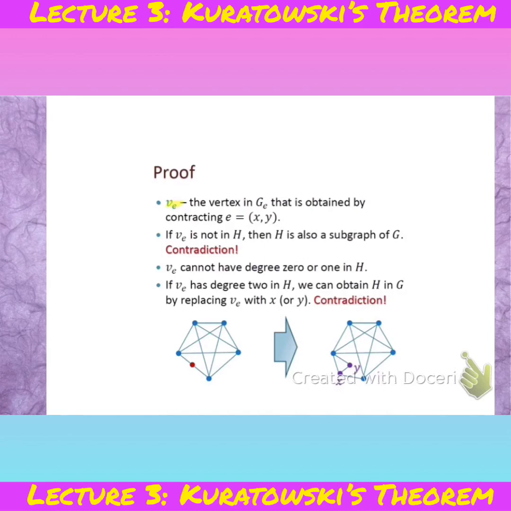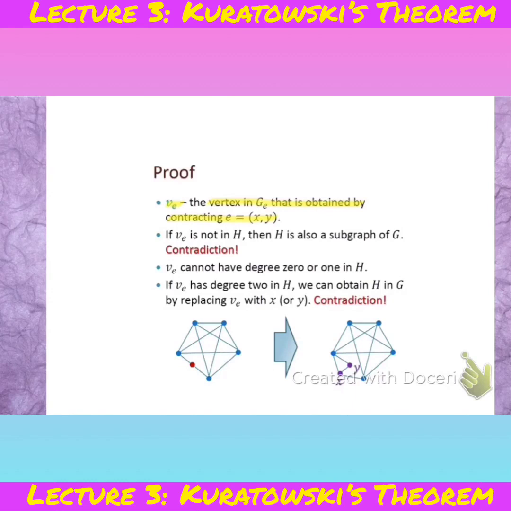Remember, you're taking two vertices that share a red edge, and you contract that red edge, merging those two vertices into one. You call this new vertex V subscript E, the vertex of G subscript E obtained by contracting the edge E.